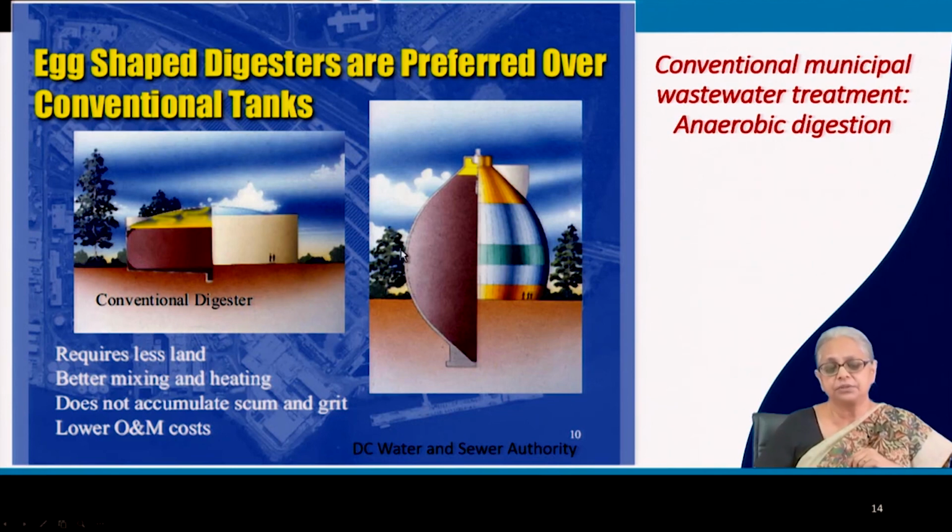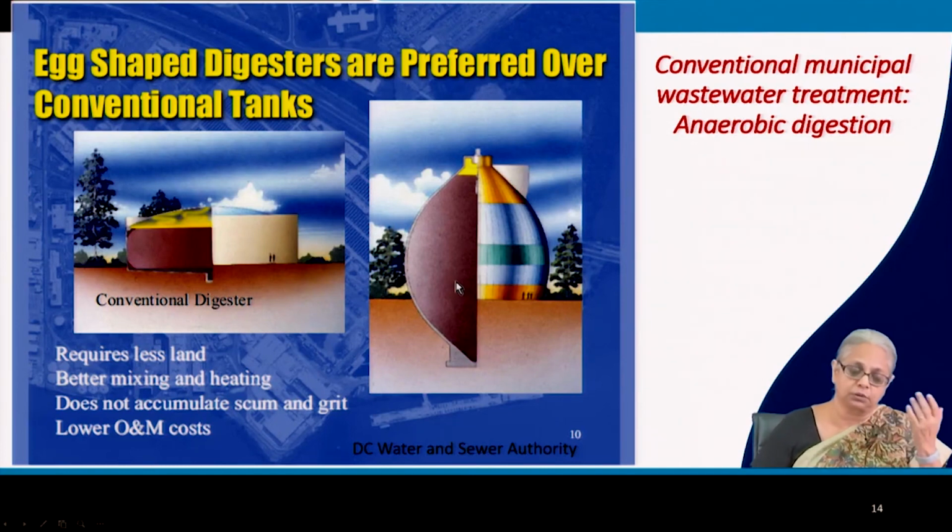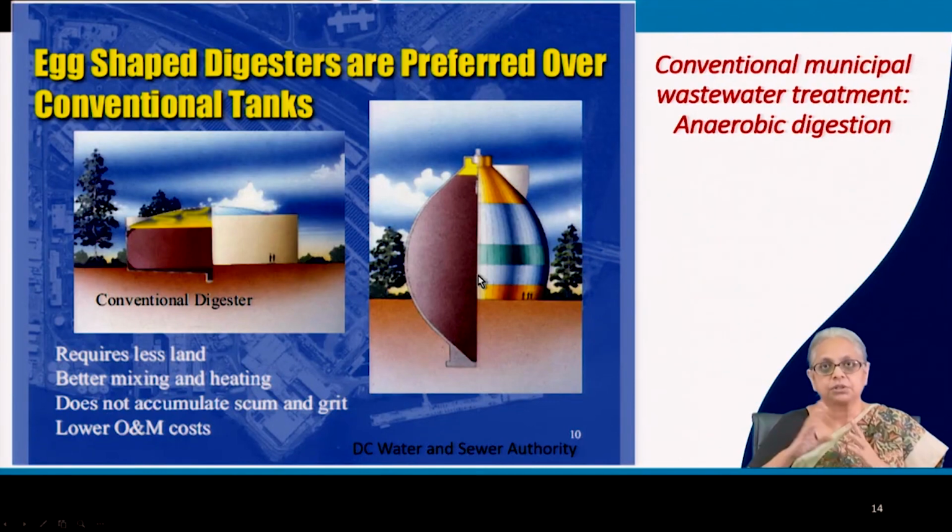As the flow increases, you get more volume that can be utilized, and this shape helps in providing high efficiency no matter what the height of the wastewater level, or rather the height to which the wastewater is present in the reactor. So these are some of the advantages of egg-shaped digesters.